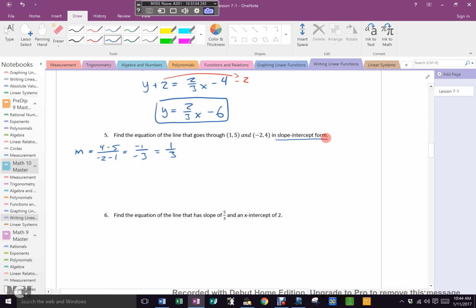Okay. Now I need slope-intercept form. There's a lot of ways I can do this now. I know I need to get to y equals mx plus b, yes? And I know my m, correct? What is it? So I have y equals 1/3 x plus b, correct? How am I going to find b?